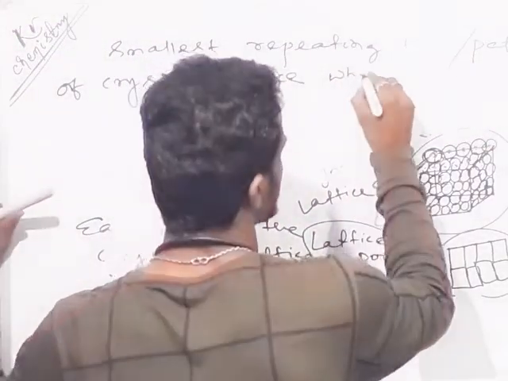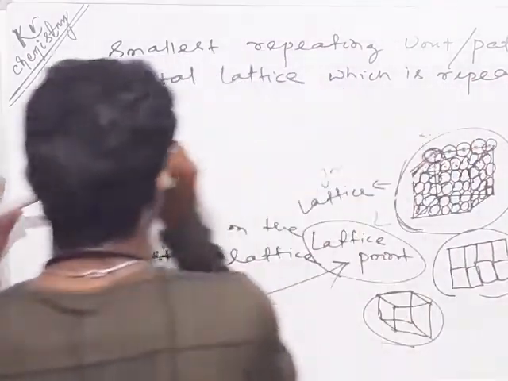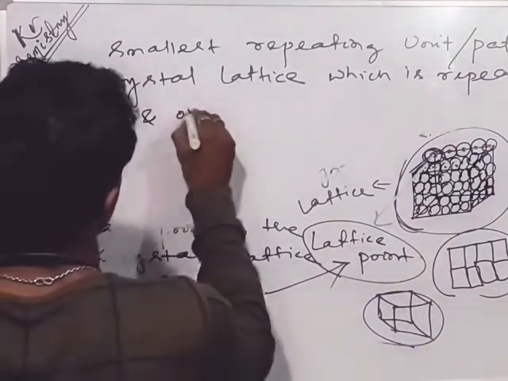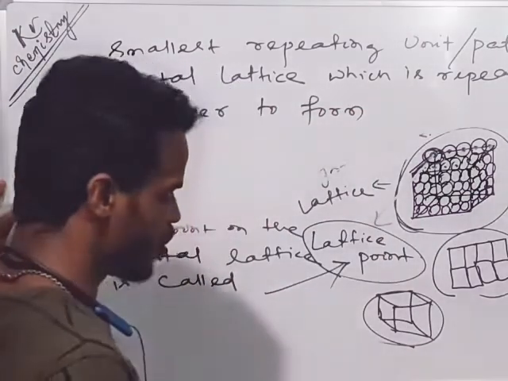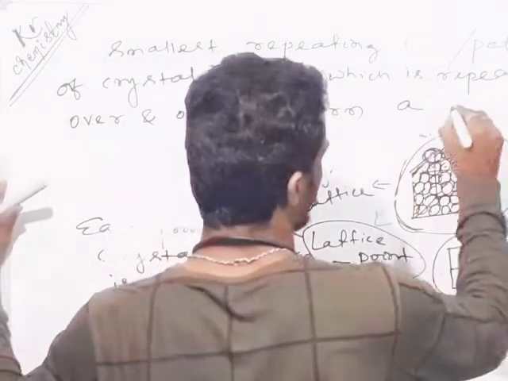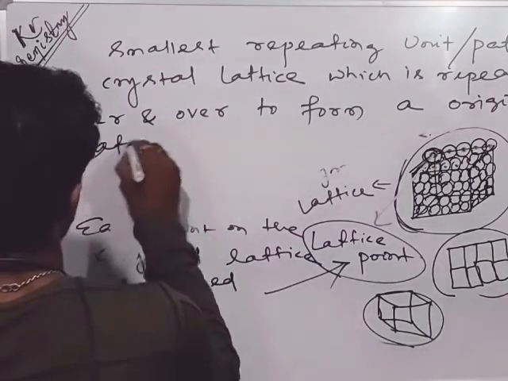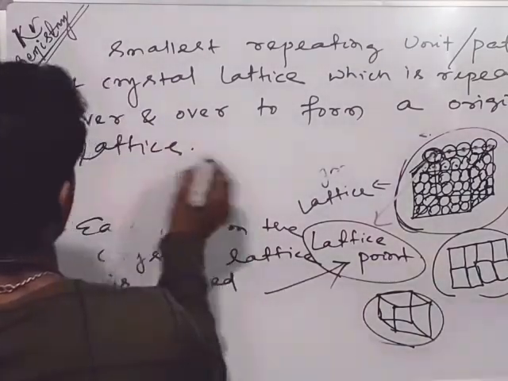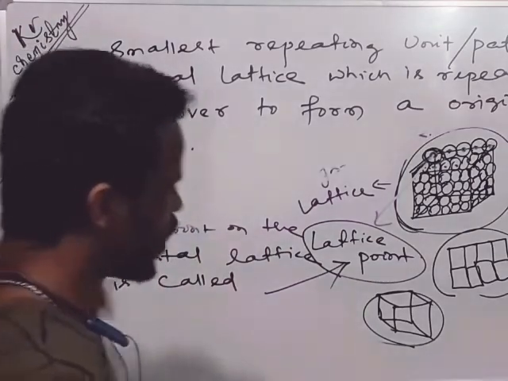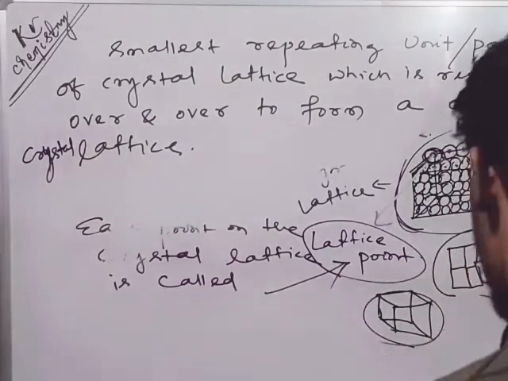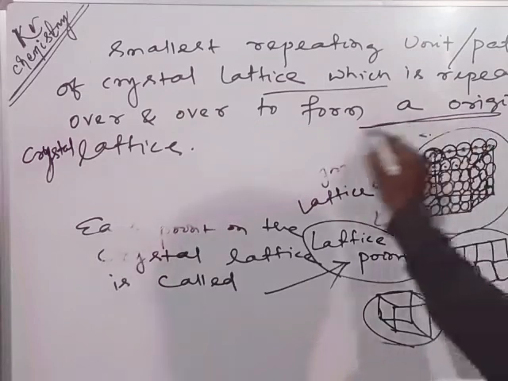which is repeated over and over to form the original crystal lattice. The smallest repeating unit combines again and again to form the original crystal lattice.